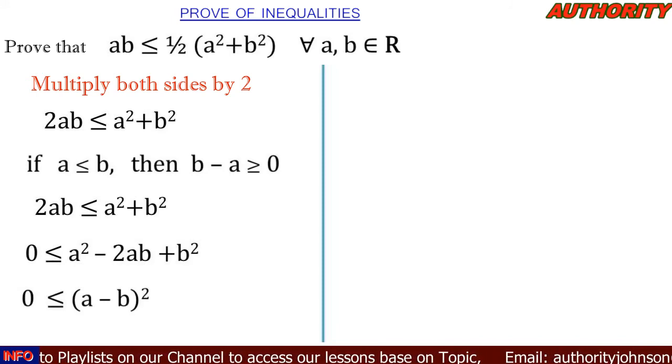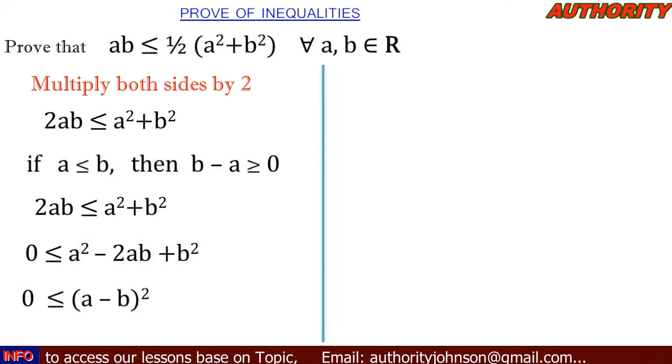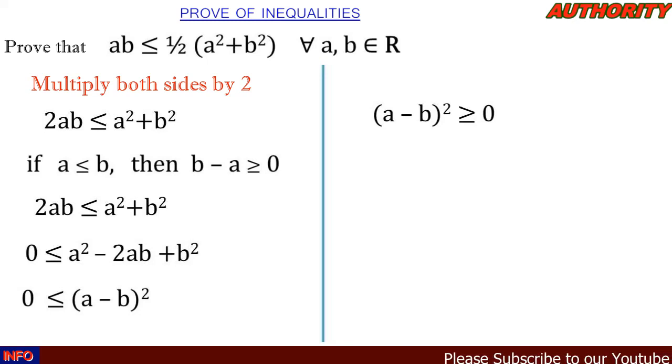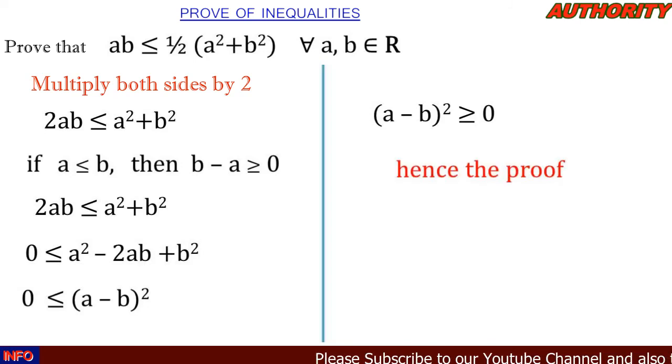That means here we have 0 is less than or equal to a minus b in bracket squared. It is also saying that a minus b in bracket squared is greater than or equal to 0. That is exactly what we want to prove. So we have proven that a minus b in bracket squared is greater than or equal to 0. Hence the proof.